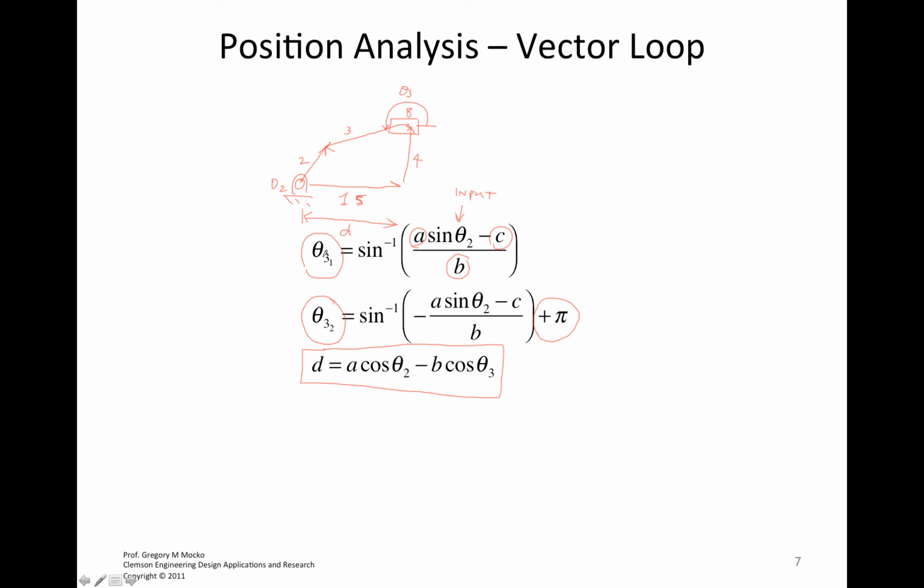So if we know that, we can solve for this value of theta 3,1, and similarly down here. Once we solve for theta 3,1, we can plug that value in here. Again, now we know B, we know A, we know theta 2. We can solve for D. So this is the general expression for slider crank.